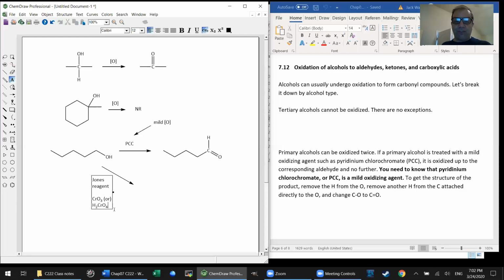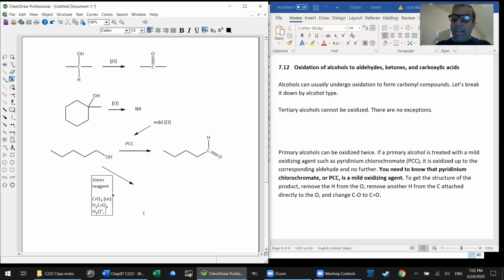This is an extremely good oxidizing agent, very, very strong. It's chromium in the +6 oxidation state. So that really, really wants to oxidize something. You may or may not see other reagents mentioned. You should get used to the reaction requiring acidic conditions. So aqueous acid is generally added. And they may or may not mention an organic solvent being used also.